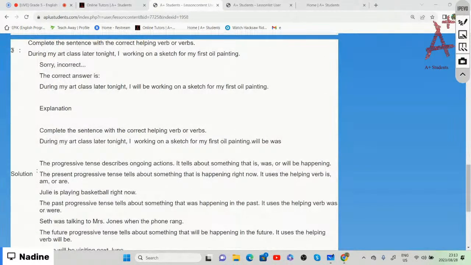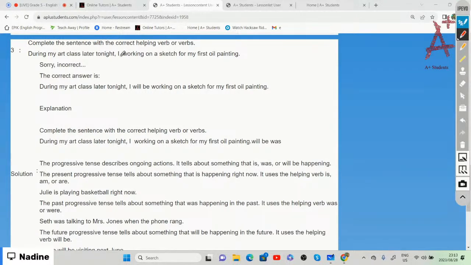All right, so we need to complete the sentence with the correct verb or the helping verb. So during my art class later tonight, I, we need to find the correct one over here, working on a sketch for my first oil paint.